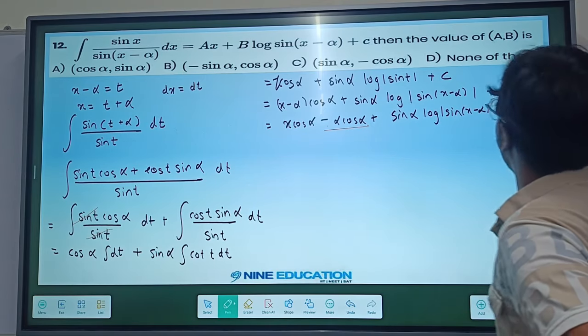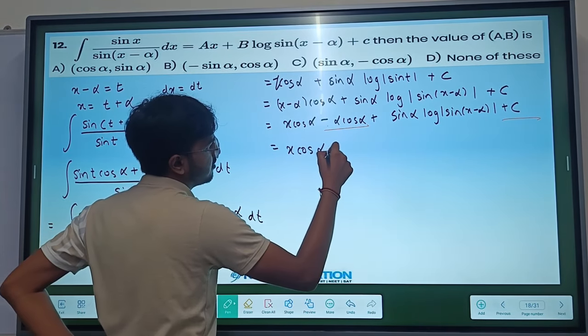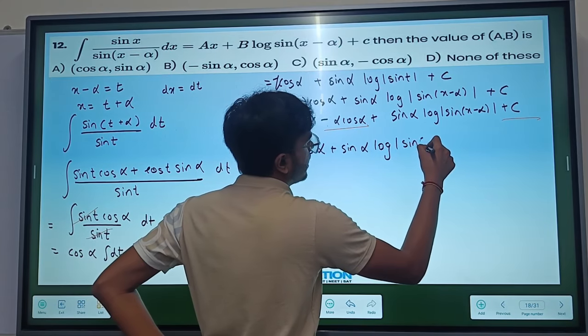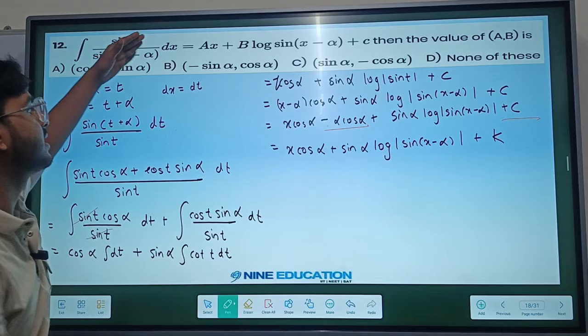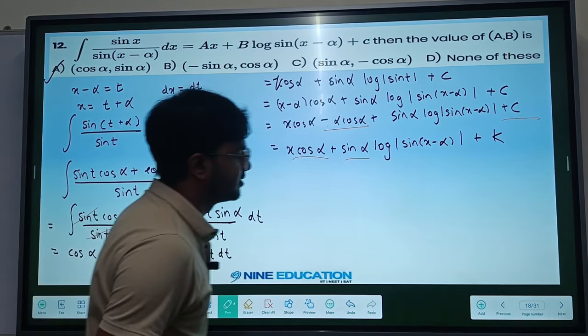Now alpha cos alpha and c both are constants, so I can take it as a single constant. So x cos alpha plus sin alpha into log mod sin of x minus alpha plus k. So if you compare, I get a as cos alpha, b as sin alpha, option A.